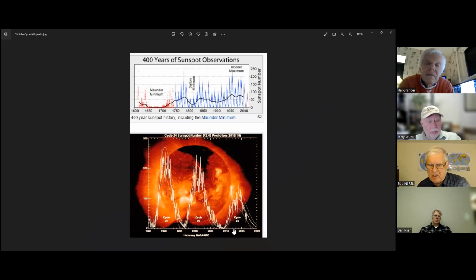If you come down to the bottom of the picture, you see what they've labeled here is cycle 24, which started around 2009 and ended around 2021. You notice that it had much lower activity than previous cycles.